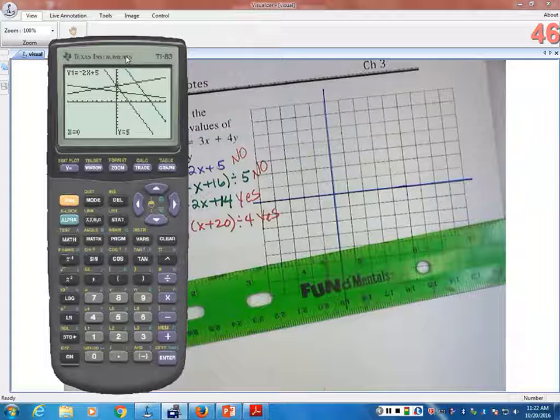So that first line is the one that's going through this way.